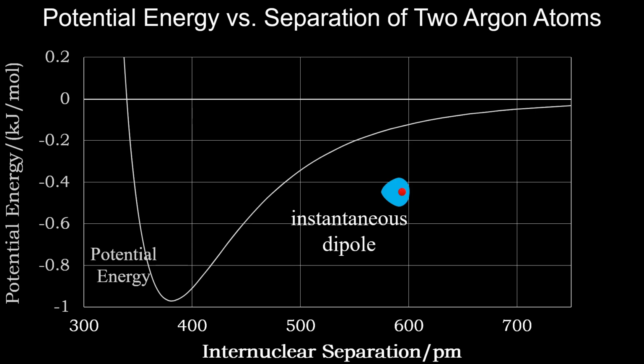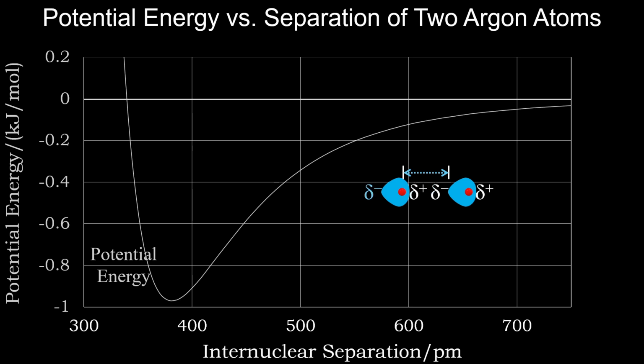This produces a partial negative charge on one side of the atom and leaves a partial positive charge on the other side. This instantaneous dipole induces a dipole in a nearby atom. The opposite charges attract. The nearest opposite charges have a bit stronger attraction than the more distant pair.